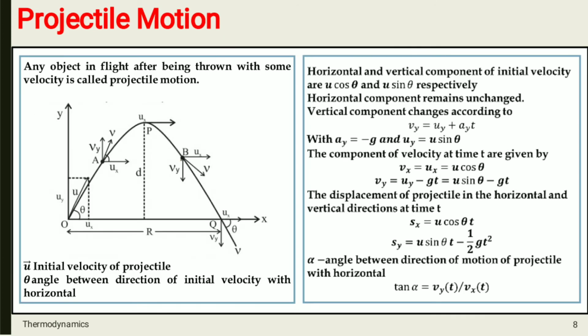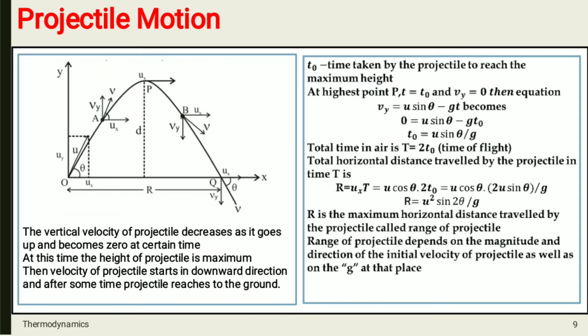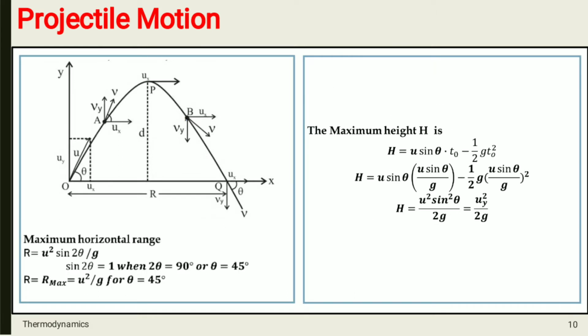In that we have seen the equation of velocity, the equation of displacement, then the direction, that is tan alpha, which you have found out, then the time of flight, then the horizontal distance, or you can say R, that is the range of the projectile, then the maximum horizontal range and the maximum height.